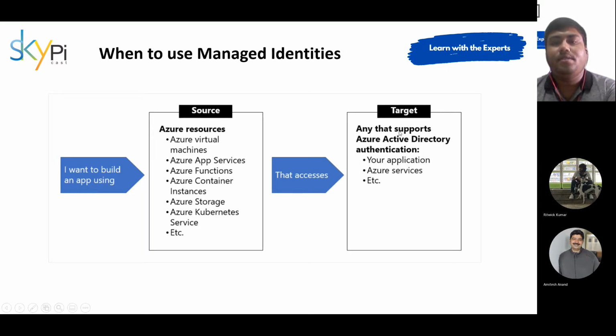That we call a target, which will be our SQL server, our storage container, or our key vault. Those are the targets. By targets, what we mean is, those targets need to have a system of authentication from our source. The source has to get past an authentication barrier to access the data that is present in the target.